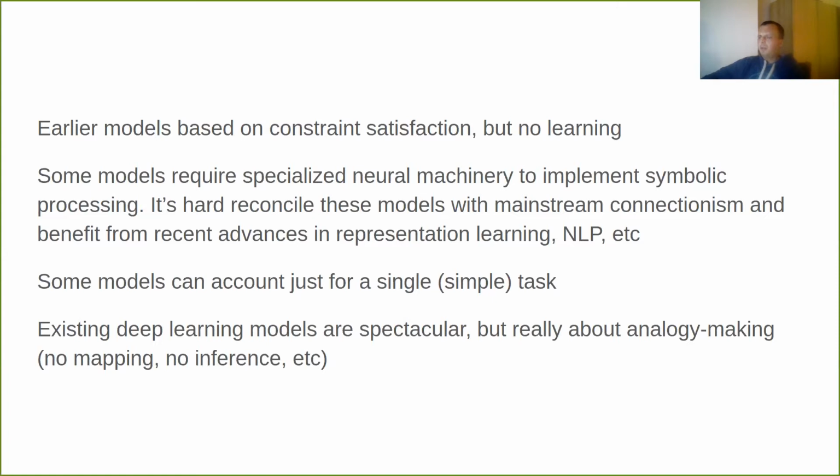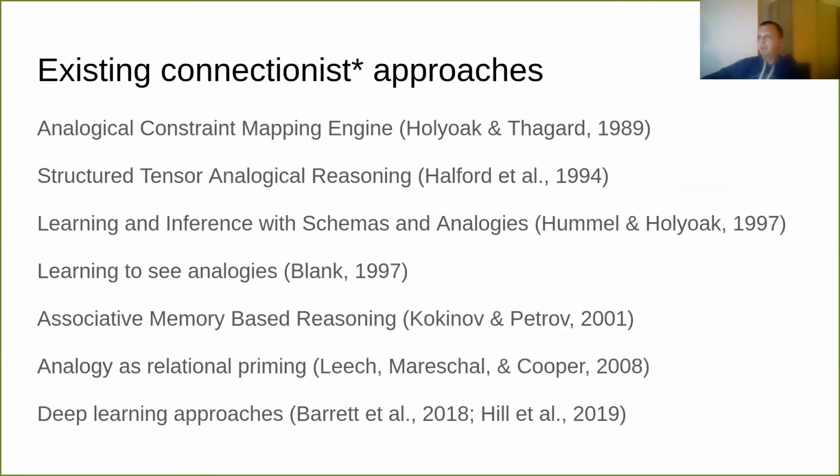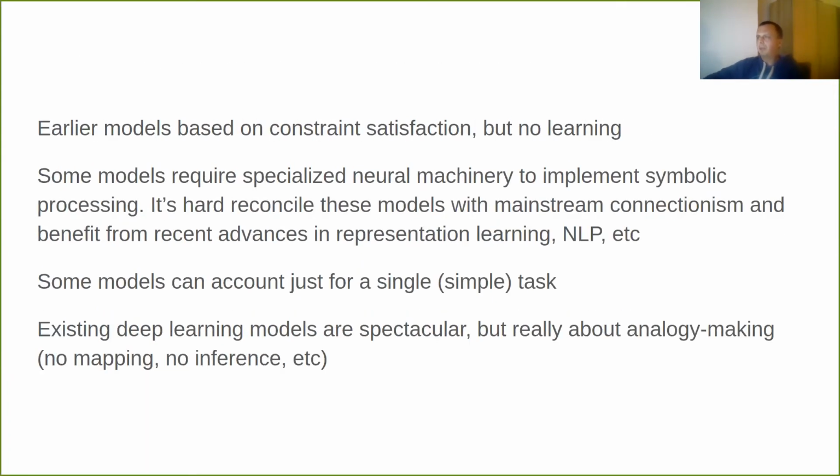So other models are far more sophisticated, such as LISA by Hummel and Holyoak. They can account for full-blown analogy making for many tasks and many processes, but they require some specialized neural machinery. So they're still connectionist models as long as this machinery is implemented in connectionist terms.